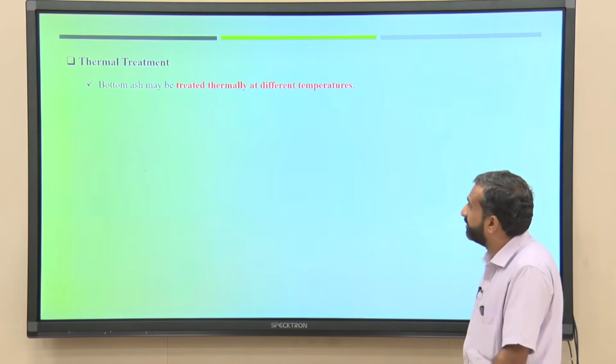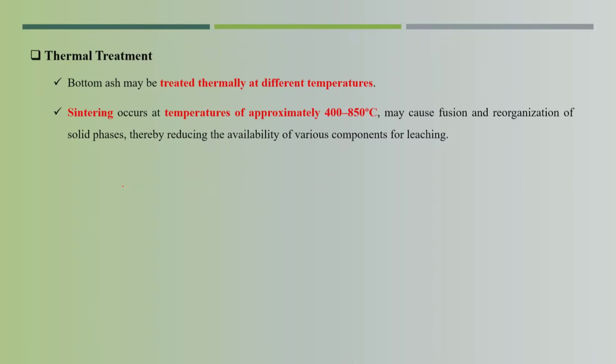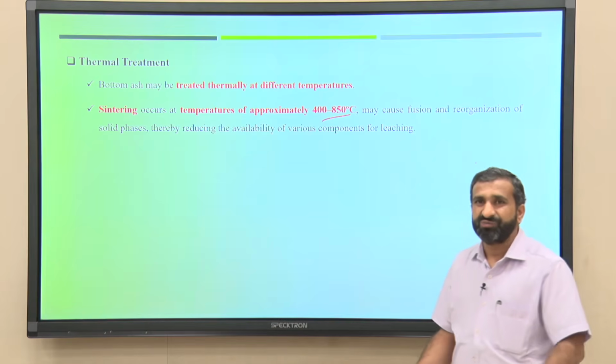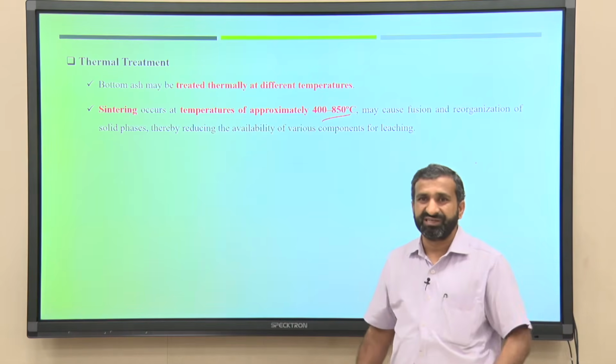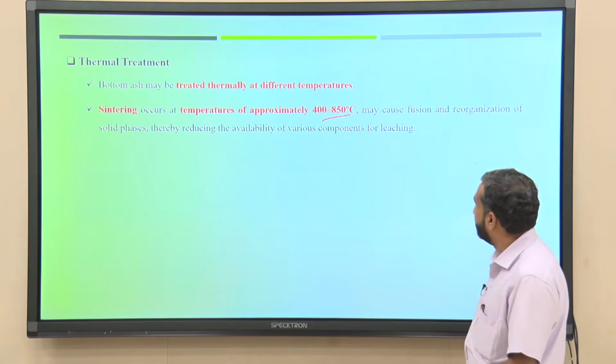So, it could be combusted again, or sintering occurs at a temperature of approximately 400 to 850 degree centigrade, which may cause fusion and reorganization of solid phases, thereby reducing the availability of various components for leaching. So, I think every time you see, all the treatment targets are about how best we can reduce the leaching of these metals, which are available in high concentration in the solid residue.